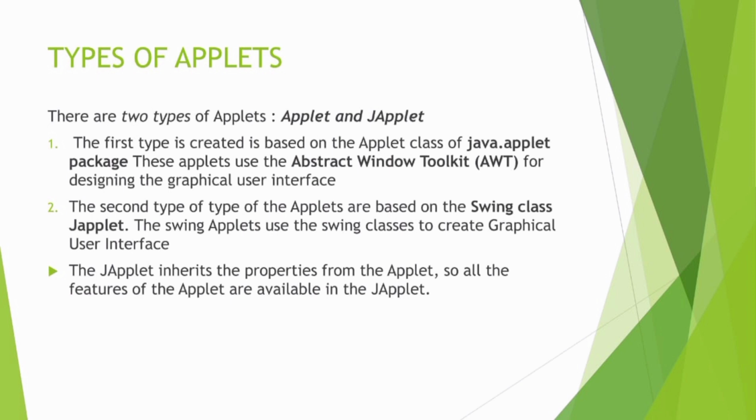The second type is based on the Swing class JApplet. The Swing applets use the Swing classes to create the graphical user interface. The JApplet inherits the properties from the Applet, so all the features of applets are available in JApplets.